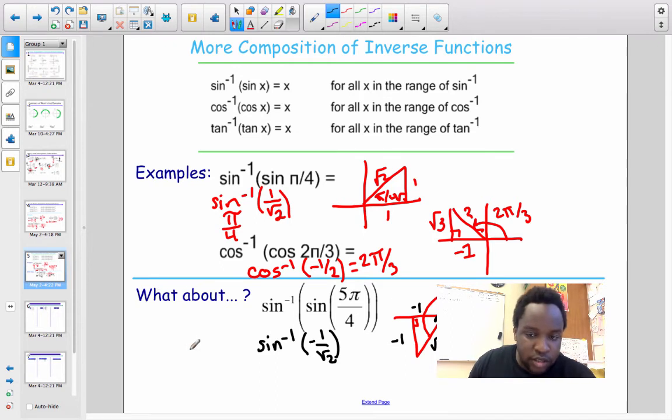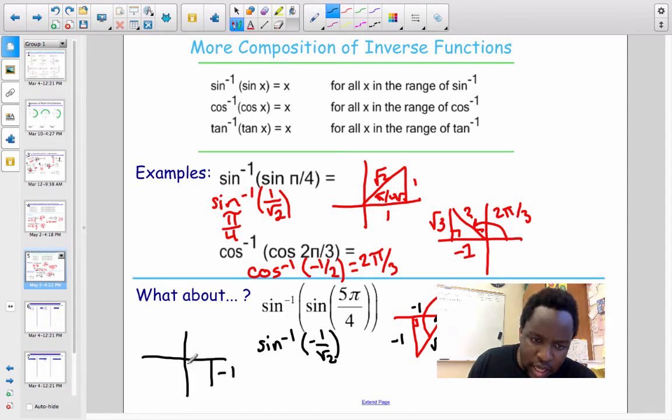So I'm going to draw another triangle. Now, for inverse sine, I need to stay in the domain of inverse sine. So we're in this region. The opposite side is going to be negative 1, and the hypotenuse is going to be square root 2.